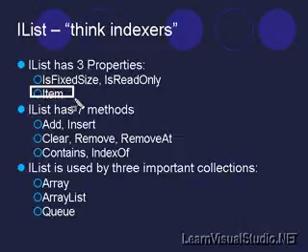The iCollection interface has only three properties and one method that every collection has to have in common. But as we'll see in a moment, very few collections actually implement the iCollection interface. Instead, there will be two other interfaces that implement iCollection that all the collections we care about will actually use, and that is iList and iDictionary. In other words, iList implements iCollection and iDictionary implements iCollection.